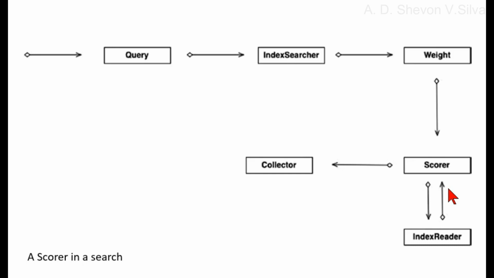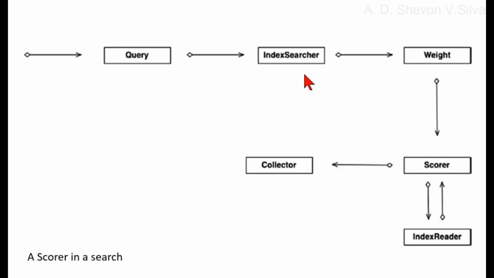How scoring is performed, here you will see how it all fits together. The user issues a query with an instance of a query class. The query is given to an index searcher, which first rewrites the query recursively, invoking any modification or simplification possible.